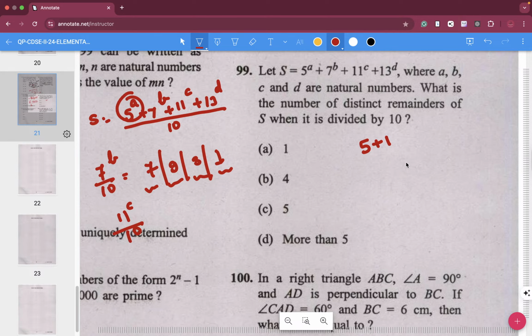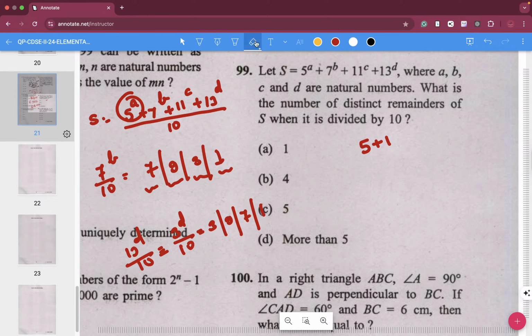So I'm simply writing it as 6. Now 13 raised to the power D divided by 10 is as good as finding the remainder when 3 raised to the power D is divided by 10. The remainder could be 3, 9, 7 and 1.